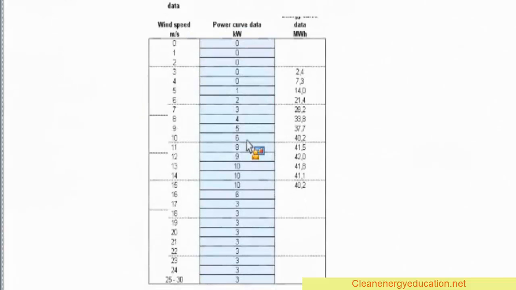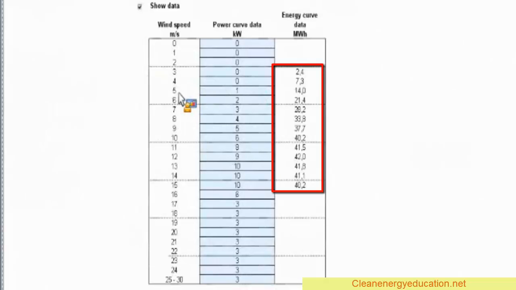Then the RETScreen software provides the expected generation for each wind speed. These wind speeds come from the database for this particular location.